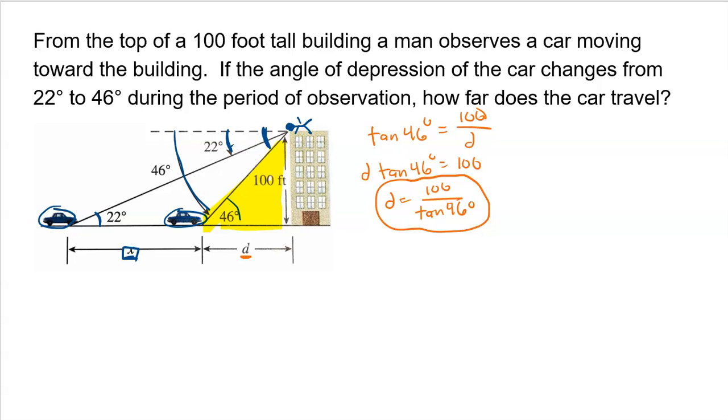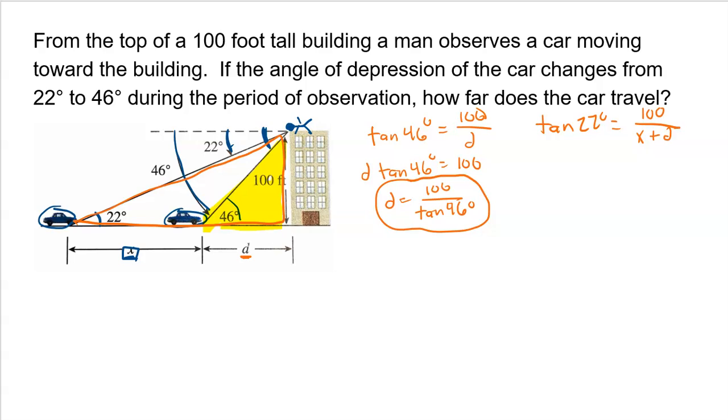All right, so now I'm going to look at this big triangle. And this big triangle here is highlighted in orange here. Okay, there it is. In that big triangle, I have tangent of 22 degrees is the opposite 100 divided by the adjacent x plus d. So that's why I needed d, okay?